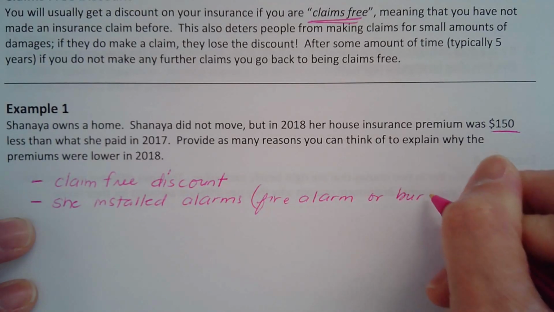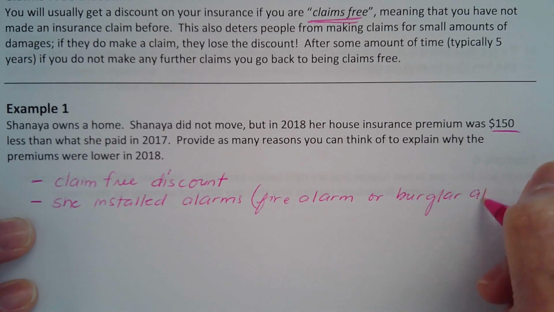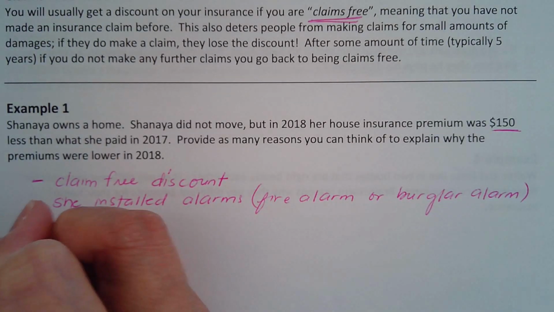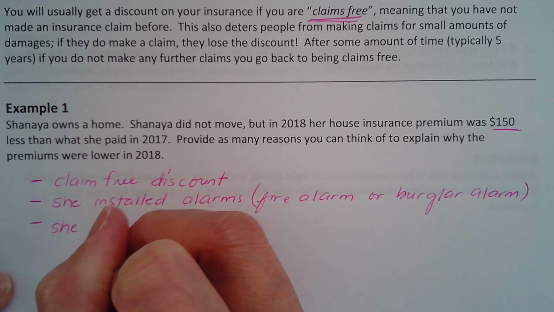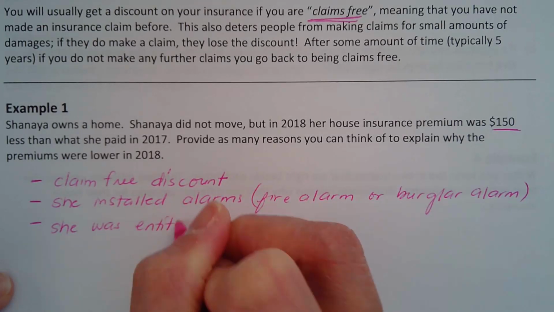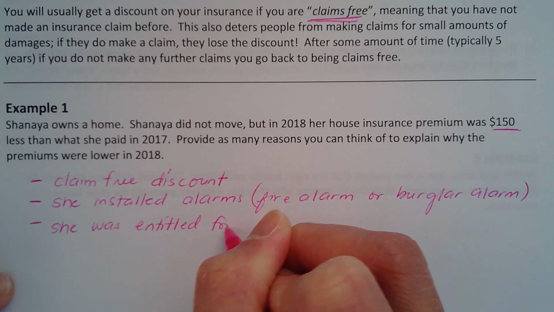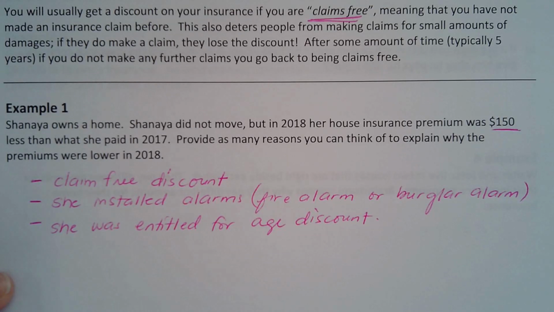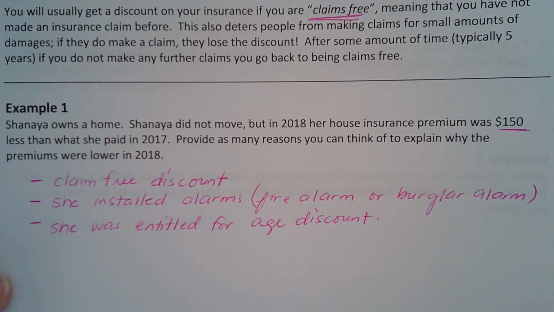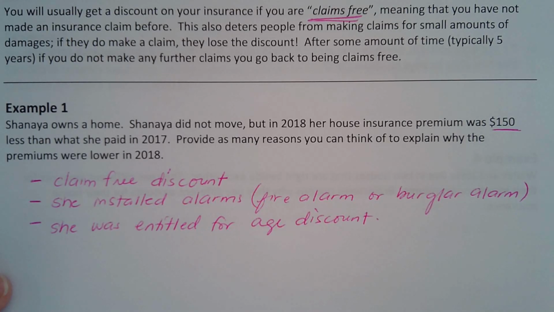Or maybe she became entitled for an age discount. Could be. She didn't move, she didn't do anything. Maybe she had a claims free year, she installed an alarm, or she was entitled to an age discount. Is that okay? Yeah. Good.